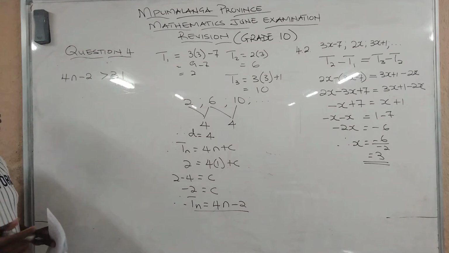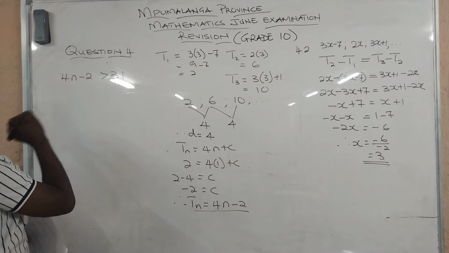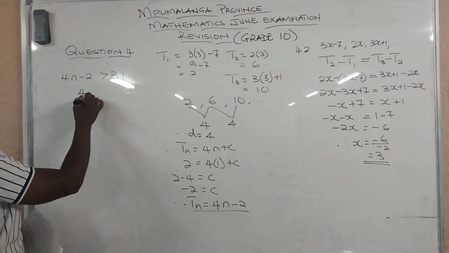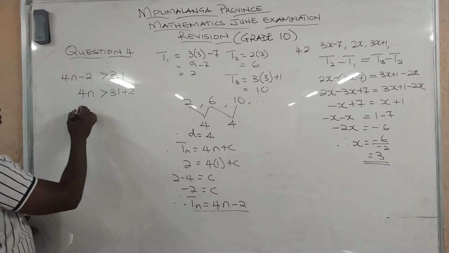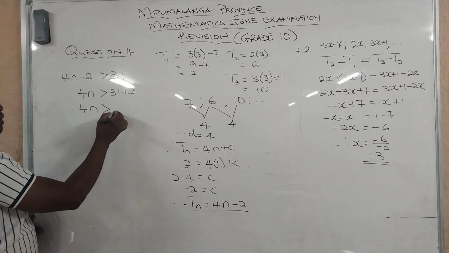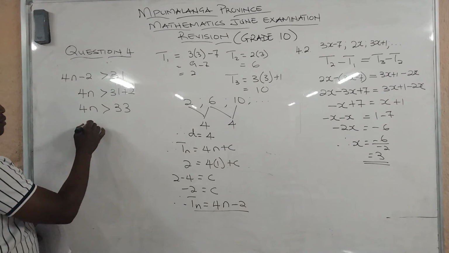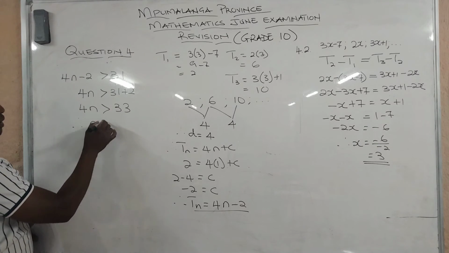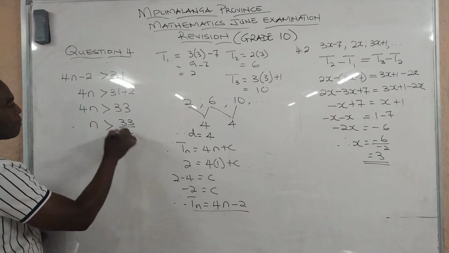Now let's solve this inequality for n. We have to take the negative 2 to the right side. So it's 4n is greater than 31 plus 2. That is 4n is greater than 33. Then we divide by 4. So we're saying therefore n should be greater than 33 over 4.